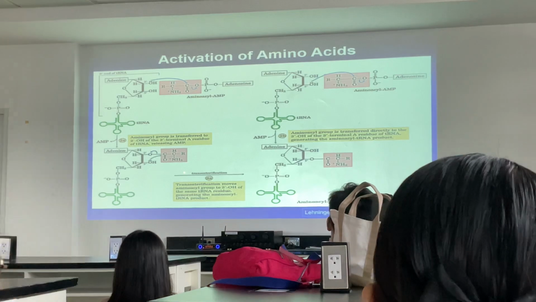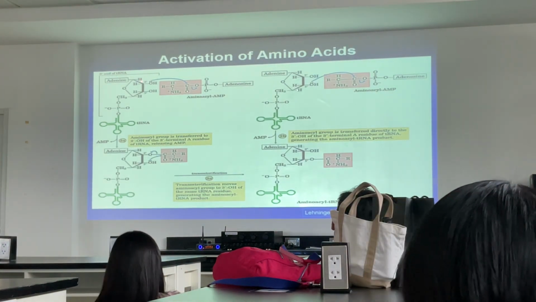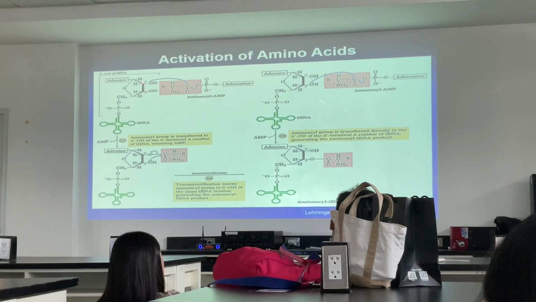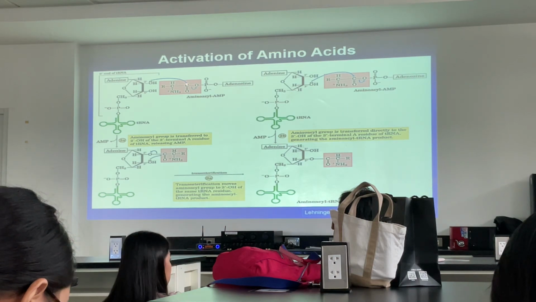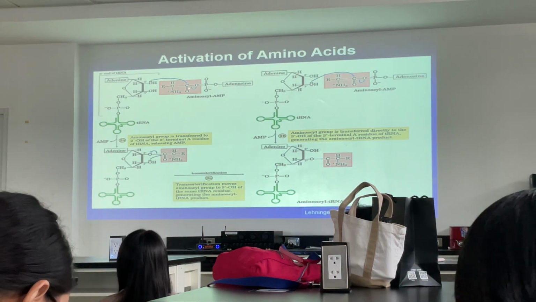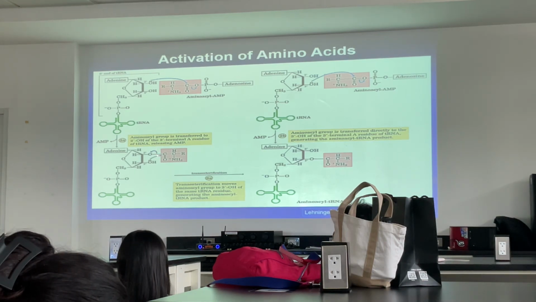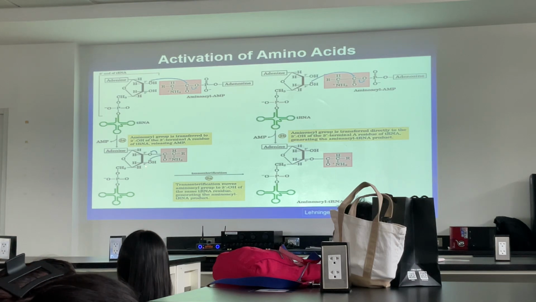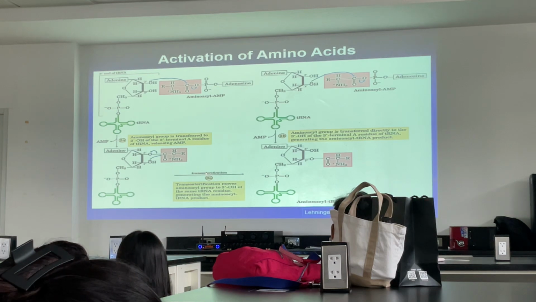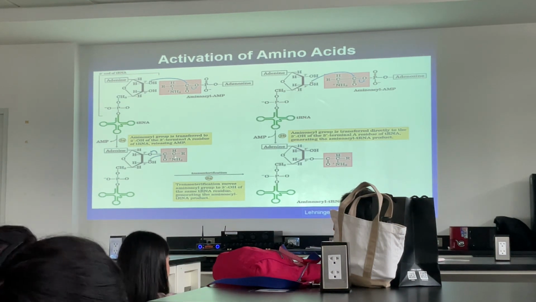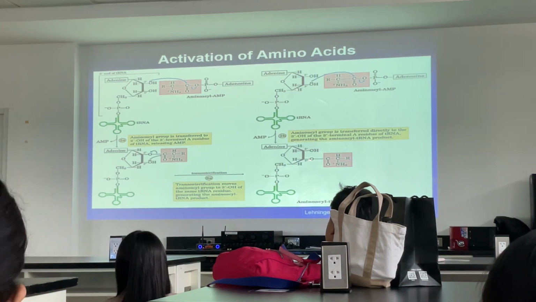That is what we call trans-esterification. First, the oxygen atom of the hydroxyl group on the second carbon atom carries out a nucleophilic attack on the carbonyl carbon, causing an ester bond to be formed. But this ester bond will be transferred here. That's why the process is called trans-esterification. The amino acid is being moved from the second carbon atom of the ribose sugar to the third carbon atom.